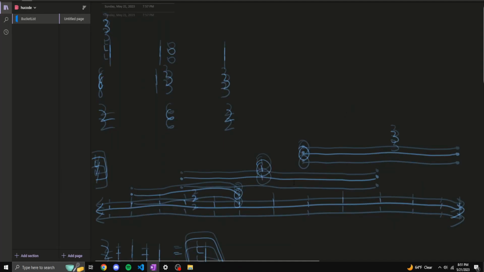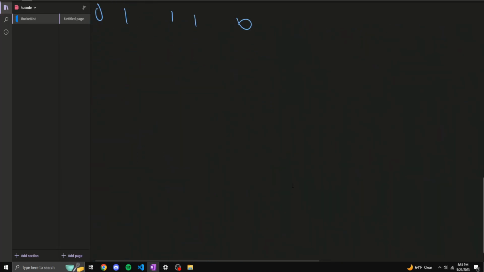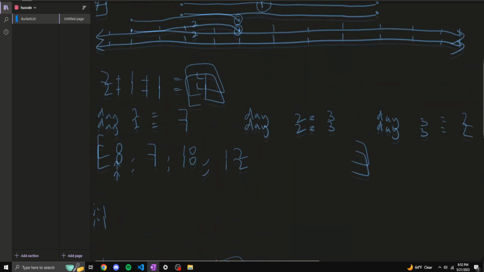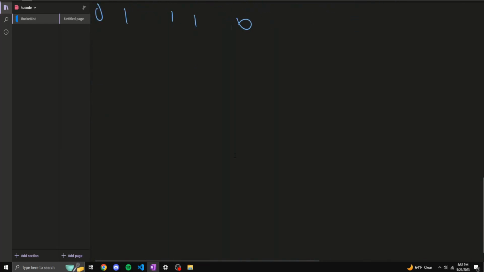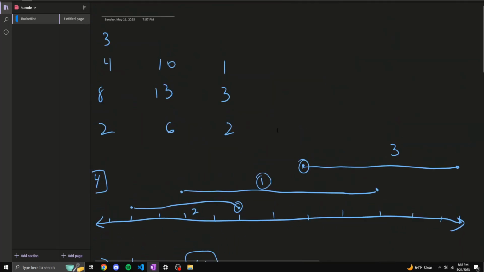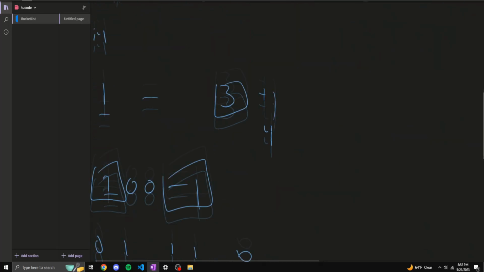So this is a little confusing at first, but I can draw it out right now. We have our indexes 4, 2, 6, 4, 10, 8, 13, so 2, 6, 4, 10, 8, 13, and it's 3, 1, 3, 2.